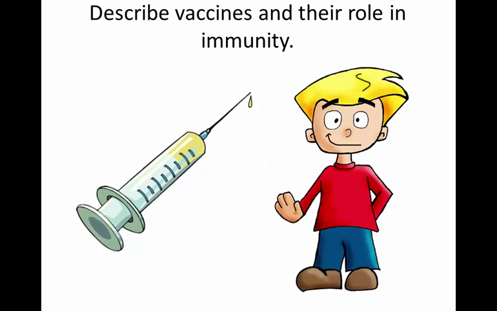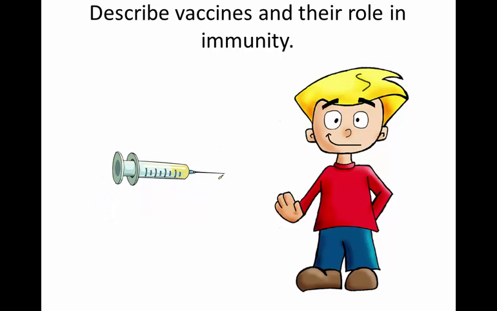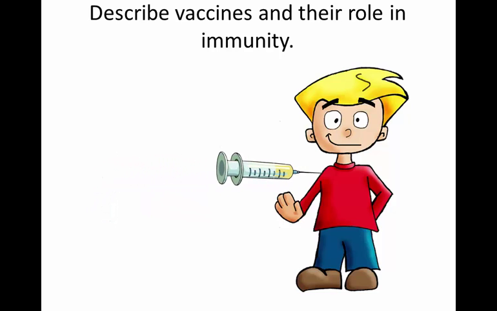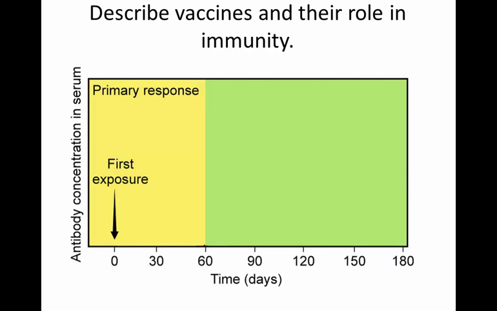A patient comes along and we give them the vaccine with those dead bacteria or dead viruses within the vaccine. The person's body then mounts an immune response against those chemicals. And then when they actually get the disease in the future, they will mount a larger response, and we'll take a look at that here.